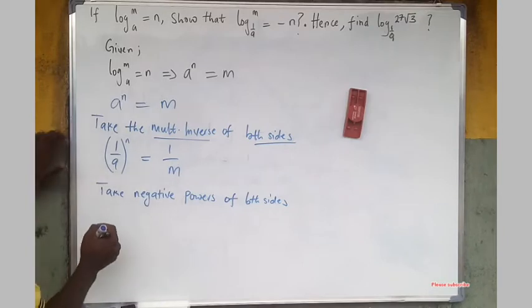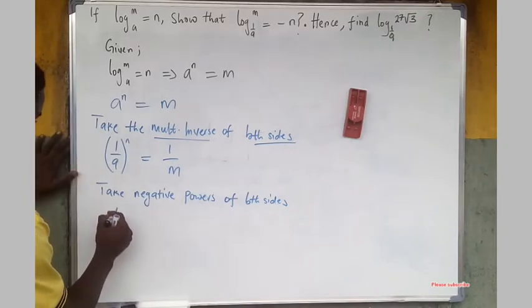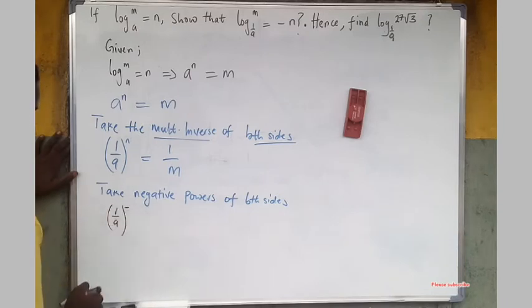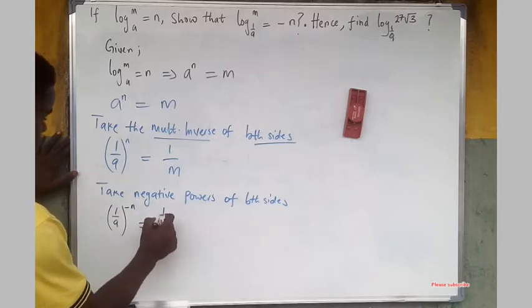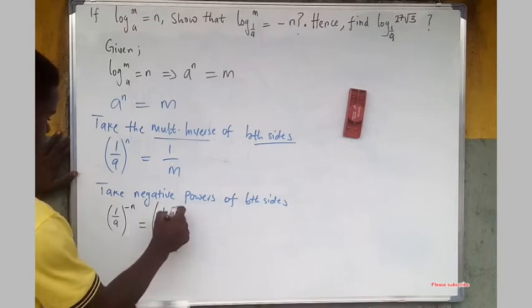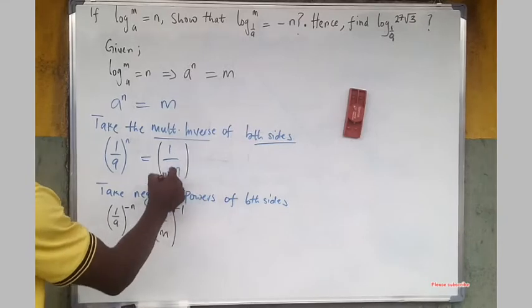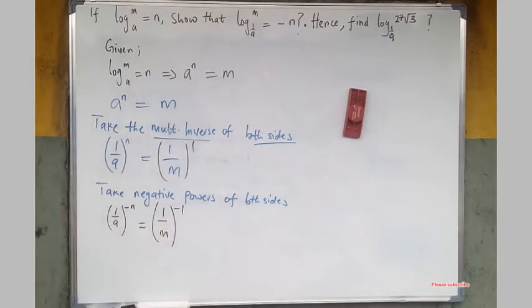So taking the negative powers of both sides, we have 1 over a to the power negative n is equal to 1 over m to the power negative 1. The power here was 1, so we take the negative power of that.